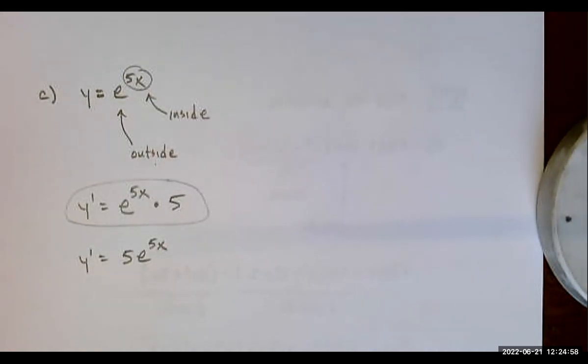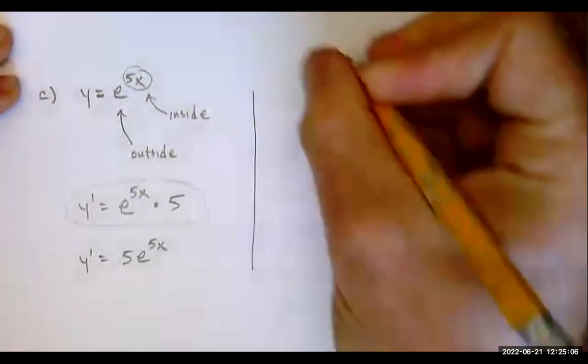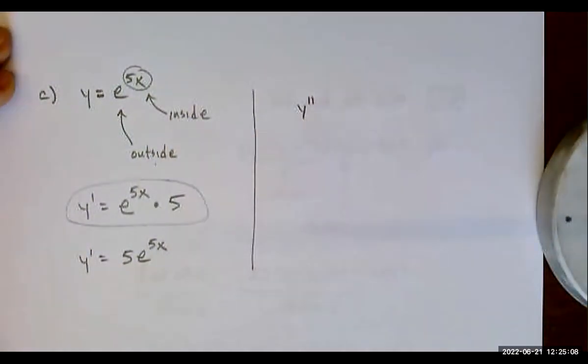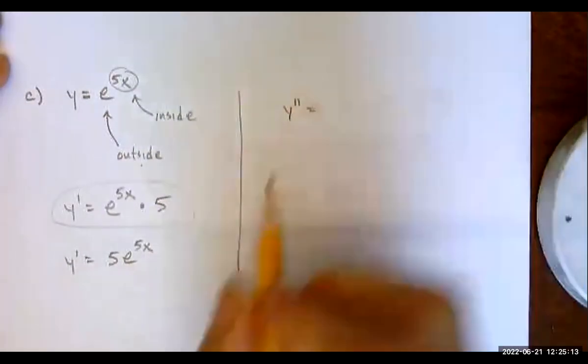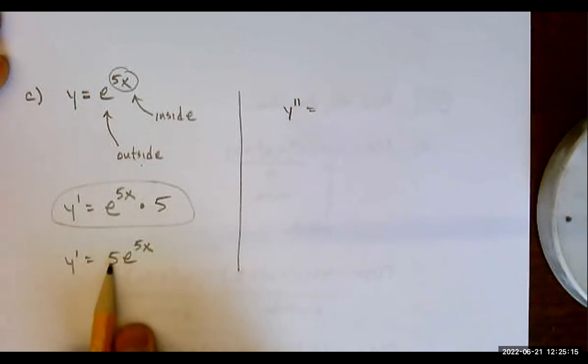Okay, before we go to part D, I just want to sit on this example just a little bit longer. What if we were asked to find y double prime, the second derivative? Well, let's see. We'd be starting with y prime. We'd say, okay, there's a constant multiple, this 5, right?